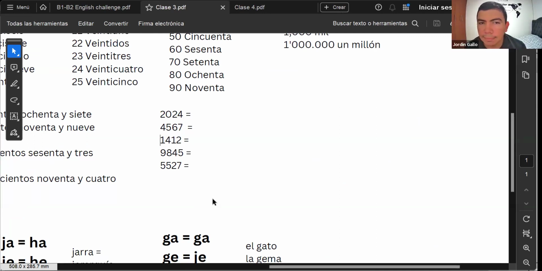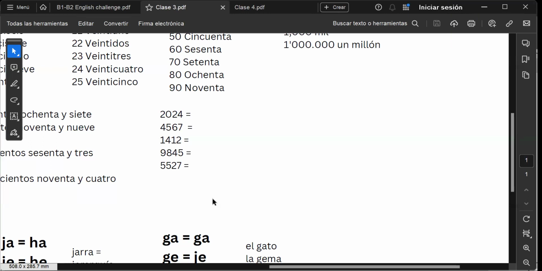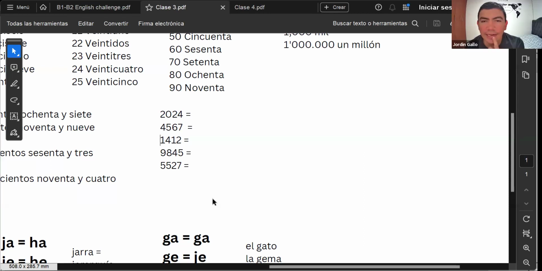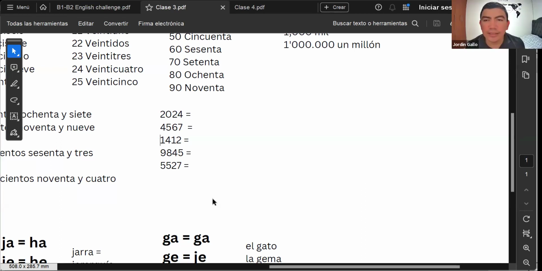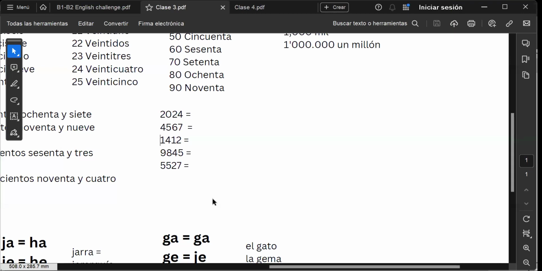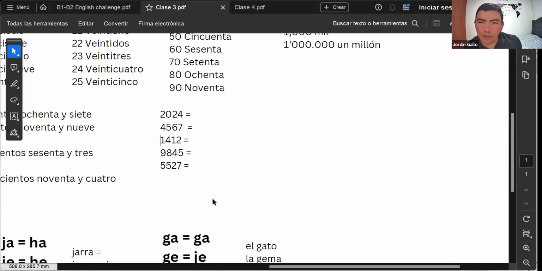Cuatro mil cuatro cinco seis. Ajá. 4,456. Sorry, 12. 12.